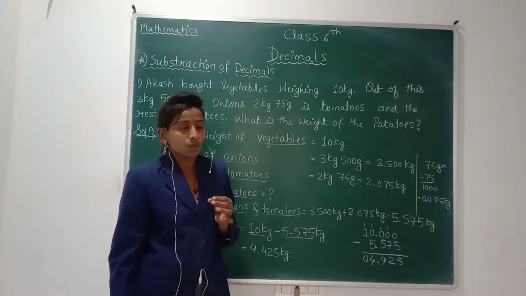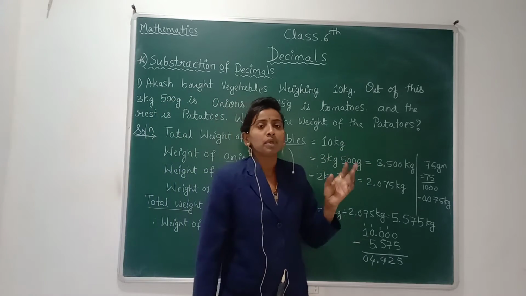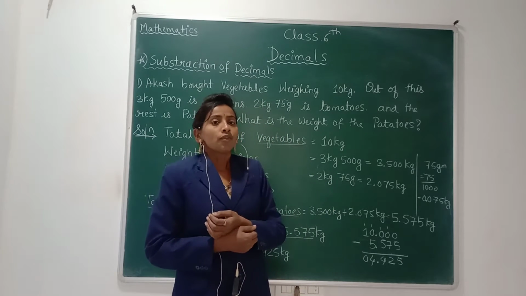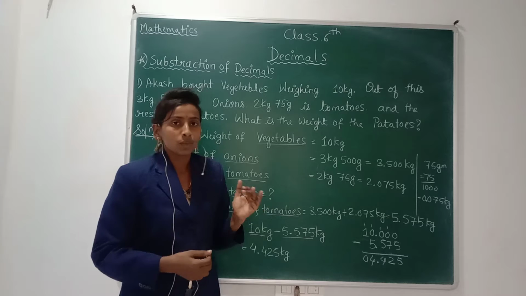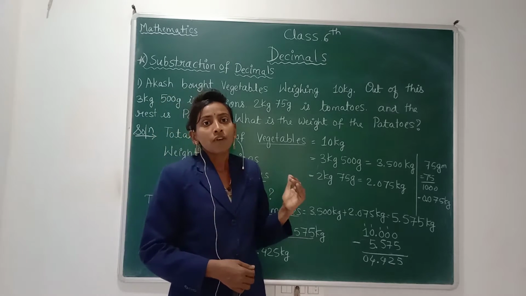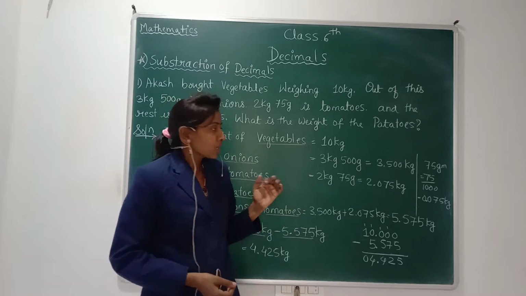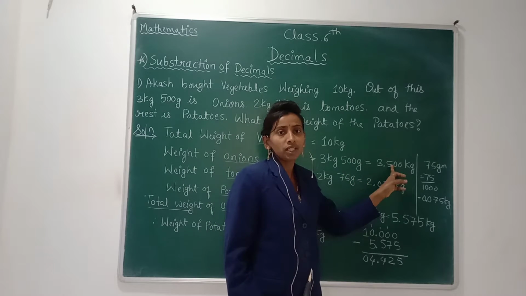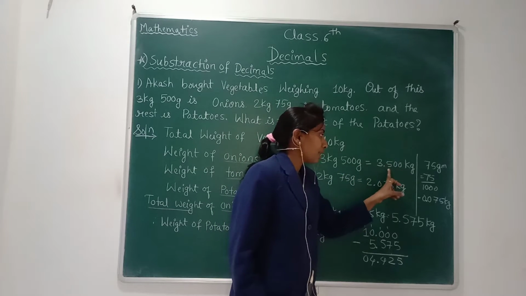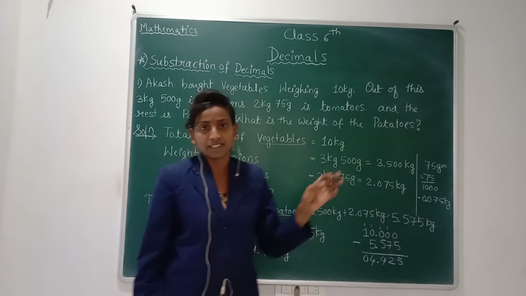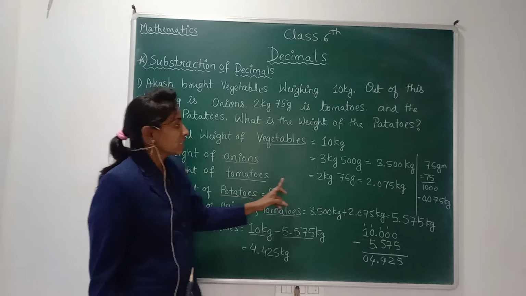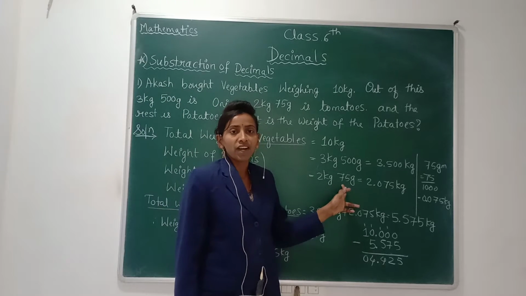So 500 gram is 500 divided by 1000, which is 0.500 kg. Which means 3 kg 500 gram, when written in decimal form, comes as 3.500 kg.